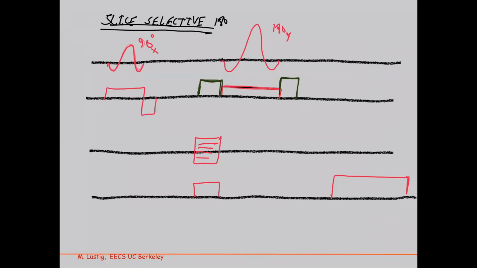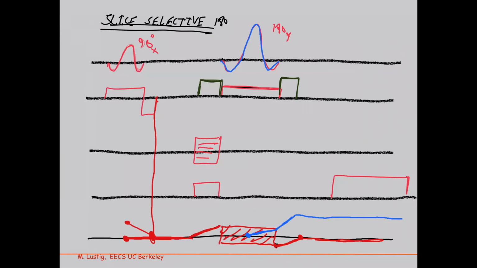Here's the thing. Every time I apply a 180, I get a spin echo, magnetization refocuses, right? And then it dies off with T2 star. Well, nobody says I cannot refocus again with another 180 and then acquire, instead of acquiring the same phase encode, another phase encode within the same TR.